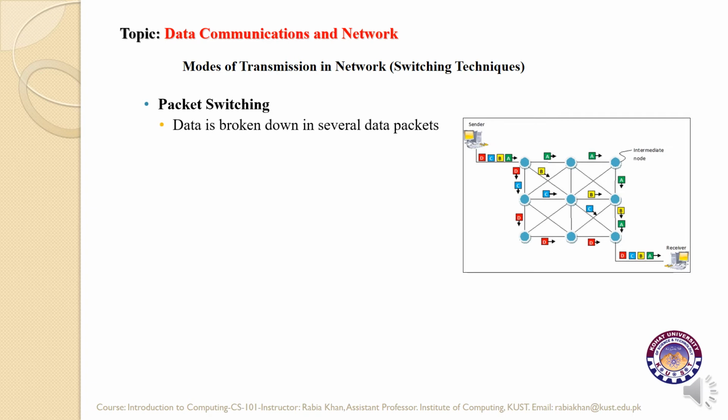The packet switching technique transmits data through the network by breaking the data into several small data packets for efficient data transfer. So packet switching breaks down the data into small packets.